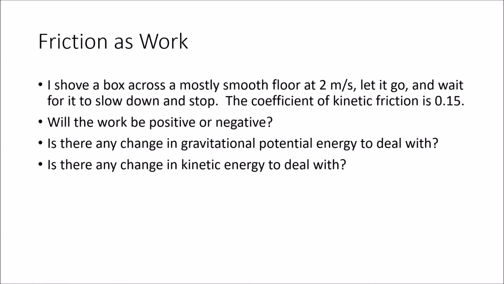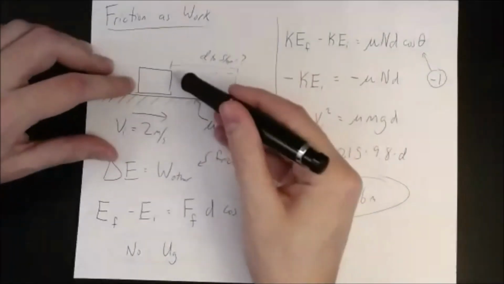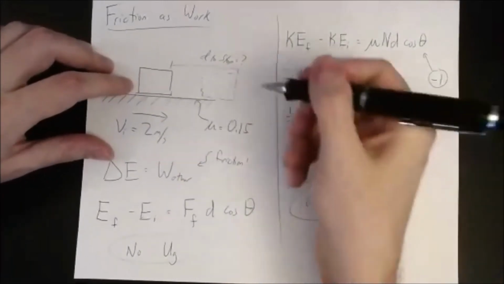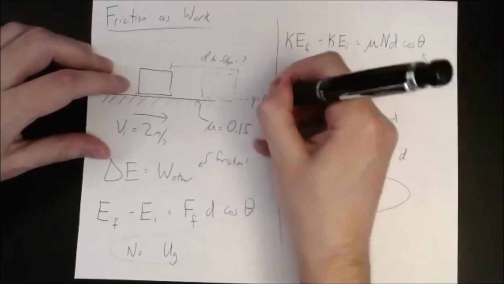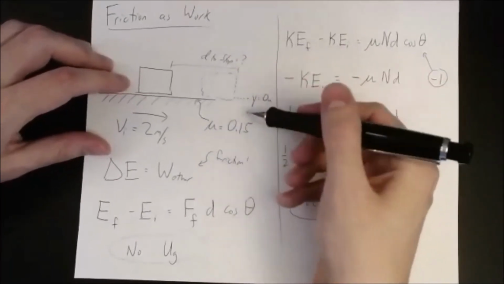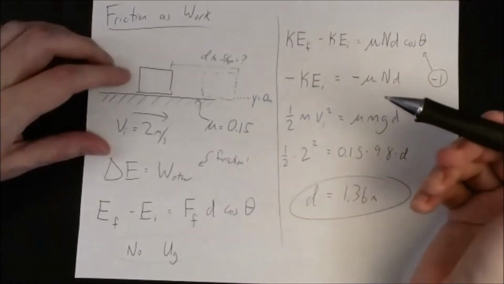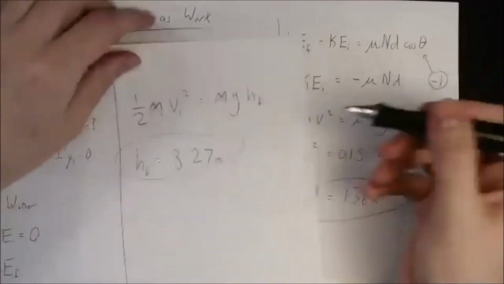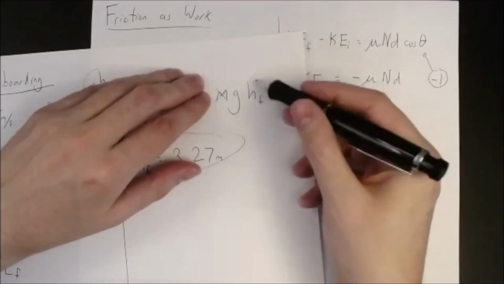Question, why is there no UG and why is the final kinetic energy 0? You can see that this box, well, it's just there. Let me make this more clear. I'm going to set y equals 0 meters to be there, and so the box is at y equals 0. The equation for gravitational potential is mgh, or mgy.